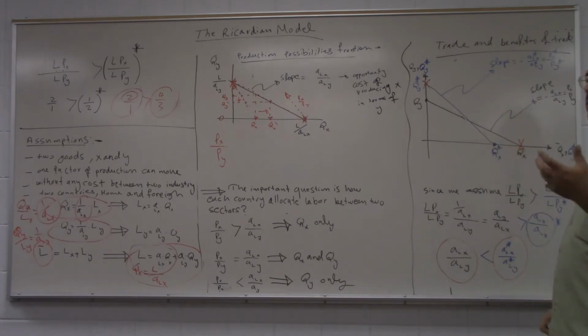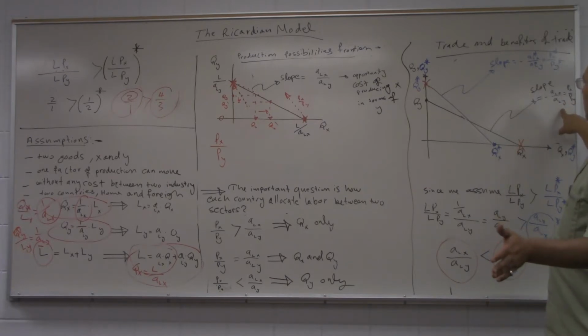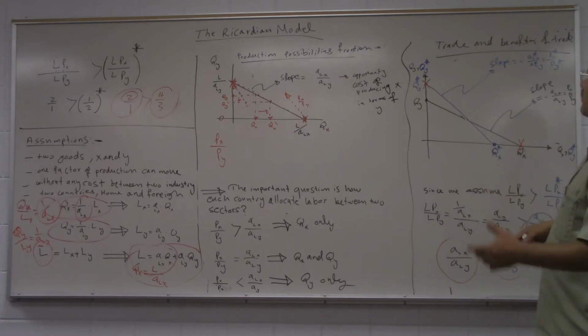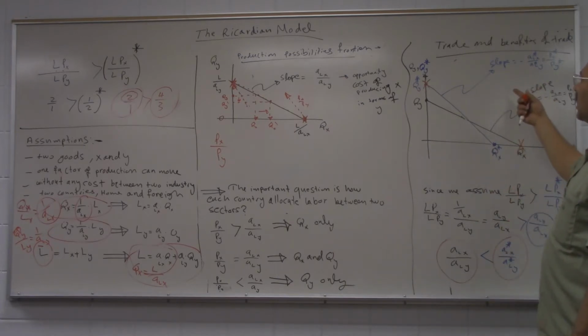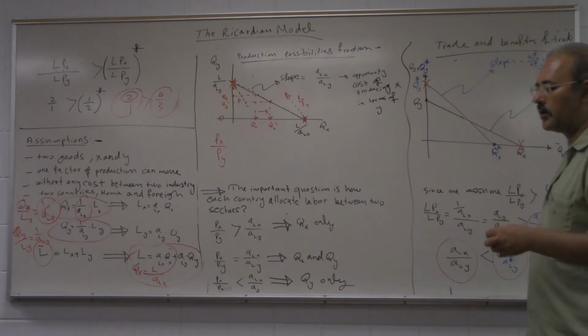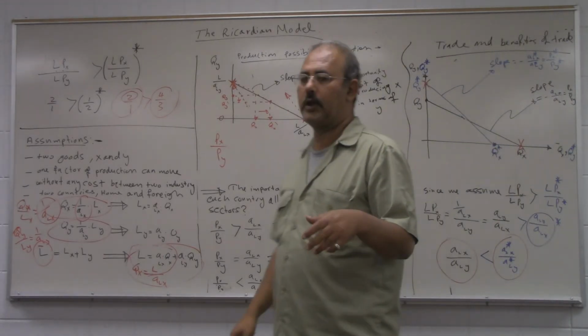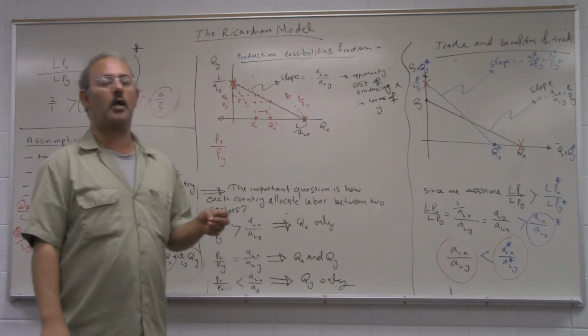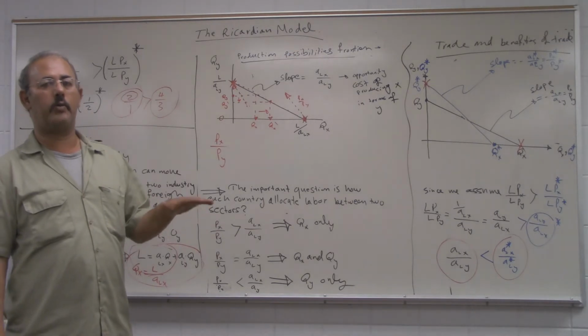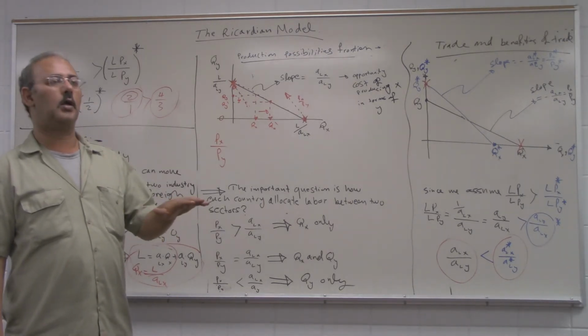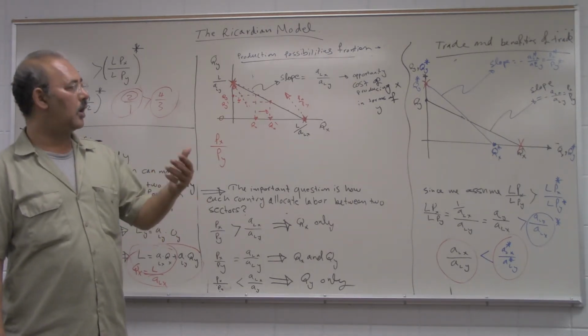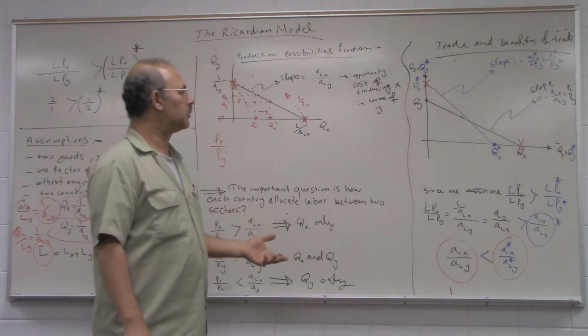Or in other words, we assume the opportunity cost of producing good X in the home country is less than the opportunity cost of producing good Y in the foreign country. That's why it happened, because we assume that the home country has comparative advantage in producing good X compared to the foreign country.